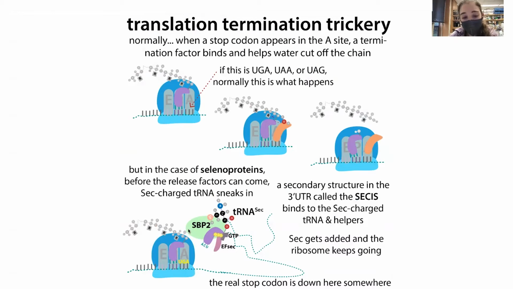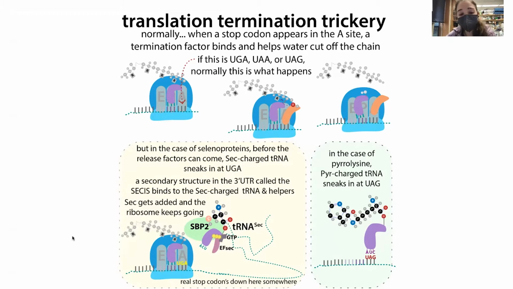And how it does it is it has this special element in the RNA, this cassette structure, that's going to bind to these helpers and keep this selenocysteine-loaded tRNA really close by so that it can sneak in there before the release factor will bind. In cells normally, however, this UGA is used as a stop codon a lot of the time.